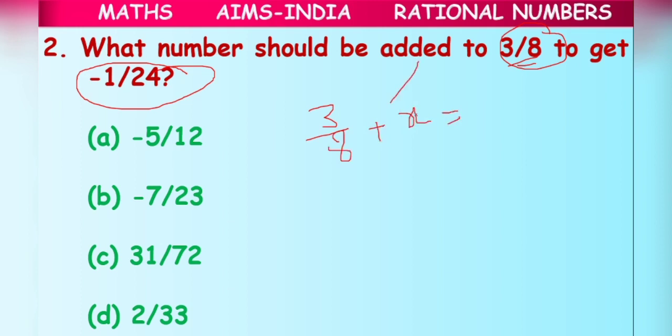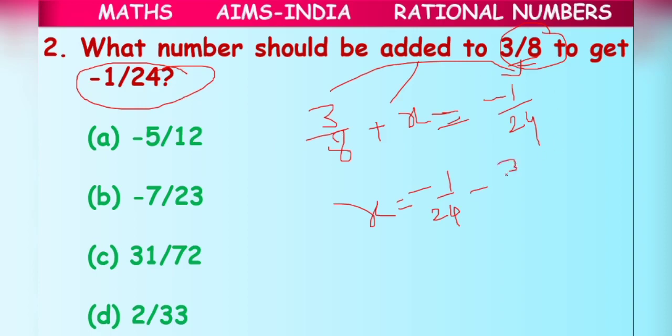Let us assume we are adding x to 3 by 8 so that the result is minus 1 by 24. We have to find the value of x. I am keeping x this side. 3 by 8 will go that side, so on the RHS we have minus 1 by 24 minus 3 by 8.